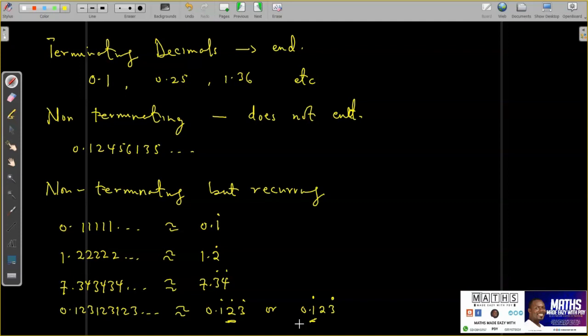So our major concern now is to convert these decimal numerals to rational numbers or to fraction form. That's what our major concern is today. So without wasting much time, let us start with how to convert terminating decimals to fractions.